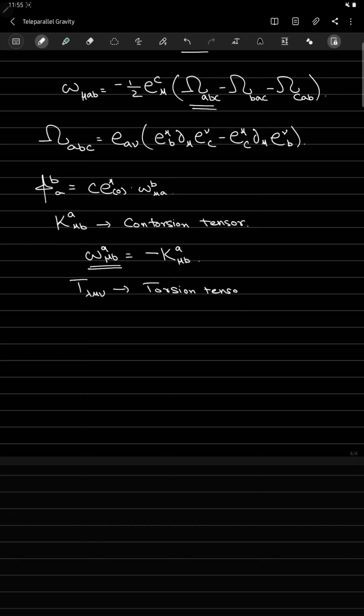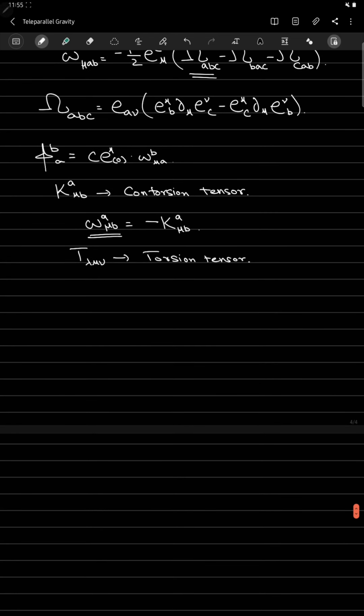So this is your torsion tensor, and writing the contortion tensor in terms of this torsion tensor, I'll have k mu a b is equal to 1 by 2 e lambda a e nu b times the torsion tensors T mu nu lambda plus T nu lambda mu plus T mu lambda nu.